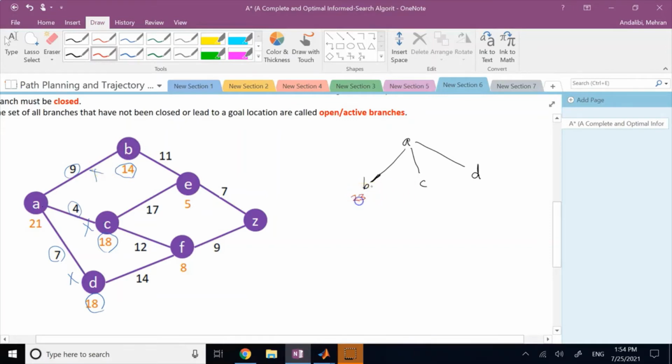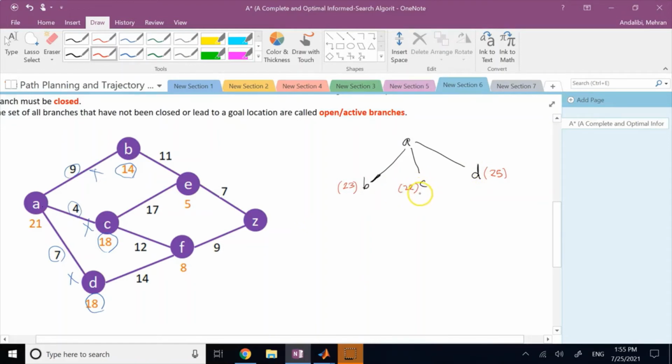We can write it down below B, or to the left or right of it, wherever you want. Then the cost to go to C is 4 plus 18, which is 22. And to D is 5 plus 18, which is 25. These are the costs, f of x, at locations B, C, and D. Now, which one looks promising?